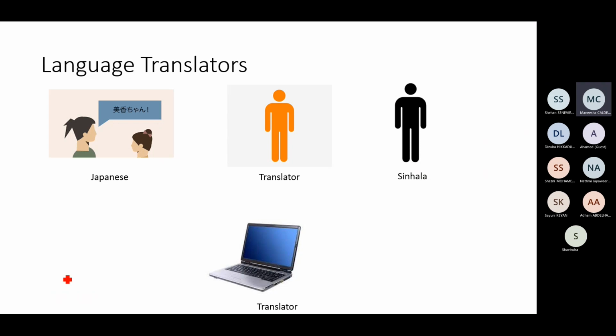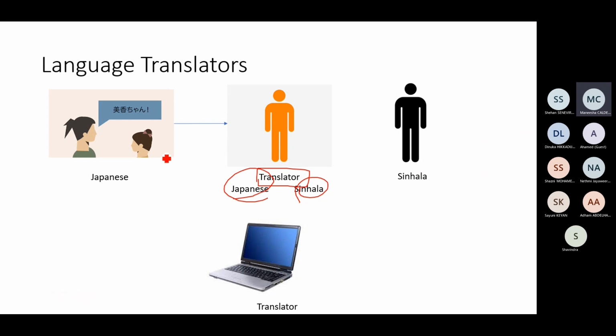But nowadays, the computer is going to conquer the translator's job. Obviously, the computer world is always trying to solve problems, mostly by automating. So we take a translator who can understand both Japanese as well as Sinhala. That's the skill of this translator, to understand both languages well.